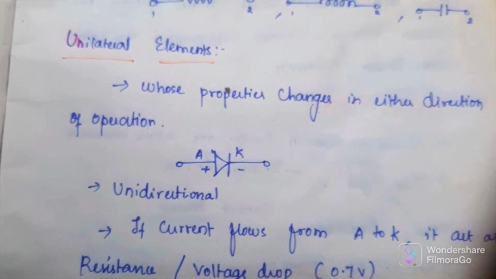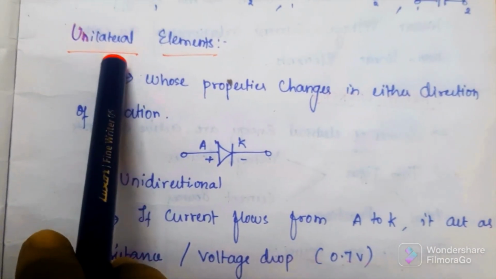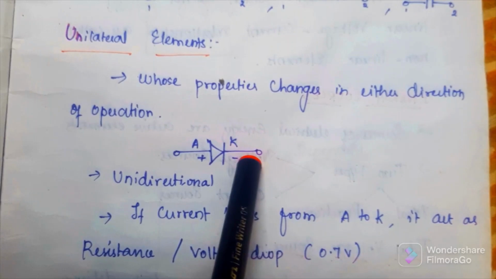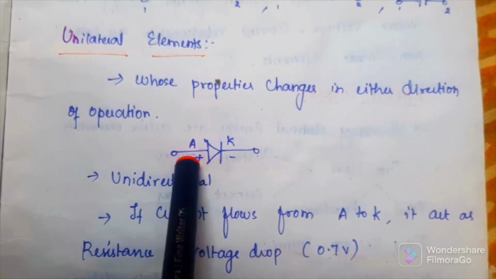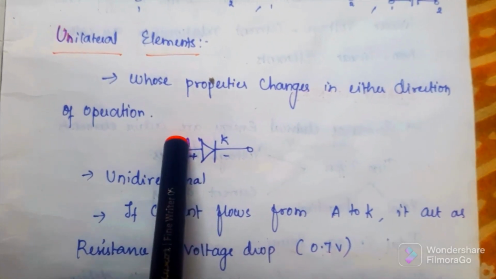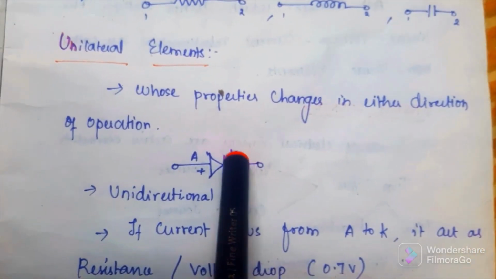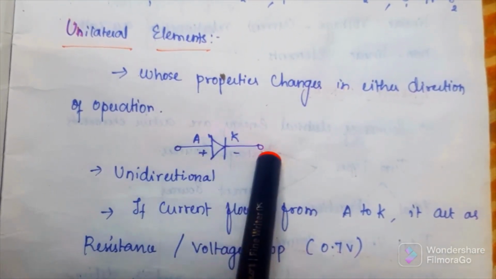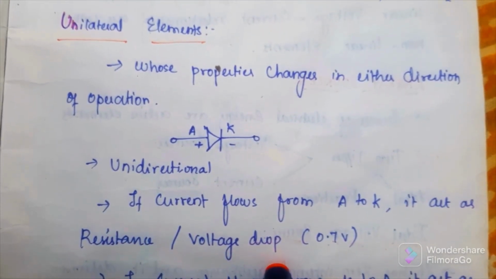Next one is unilateral elements. A unilateral element means the properties are not the same in both directions. For example, you can take a diode. The positive side is called the anode, the negative side is called the cathode. If we connect from positive to negative, that is anode to cathode, it acts as a resistance or voltage drop.